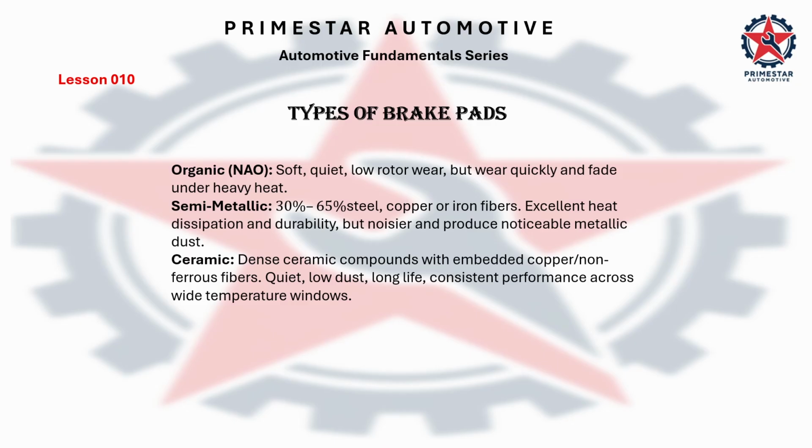Semi-metallic, 30% to 65% steel, copper or iron fibers. Excellent heat dissipation and durability, but noisier and produces noticeable metallic dust. Ceramic, dense ceramic compounds with embedded copper and non-ferrous fibers. Low dust, long life, consistent performance across wide temperature windows.